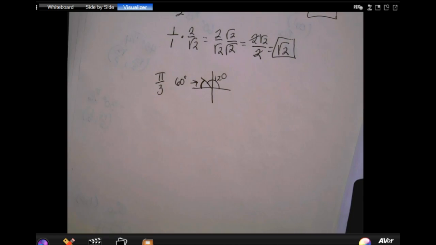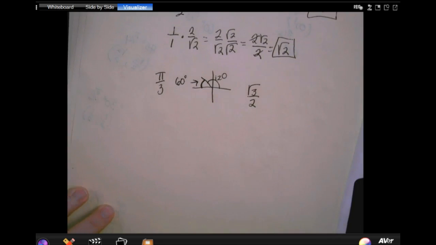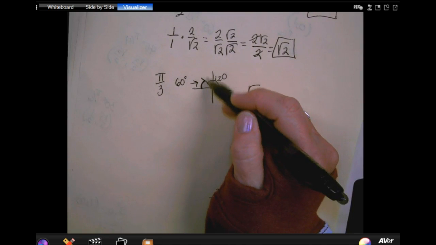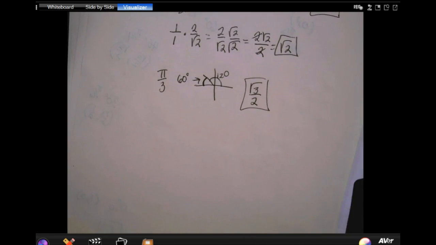So do I want sine or cosine? Sine. Sine is on the bottom, so the sine is the square root of 3 over 2. Next, is it positive or negative? The y value in this quadrant is positive, so it's the square root of 3 over 2.